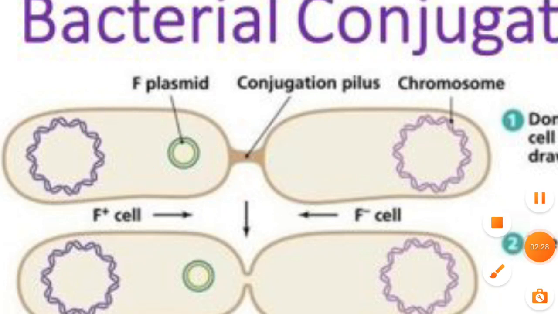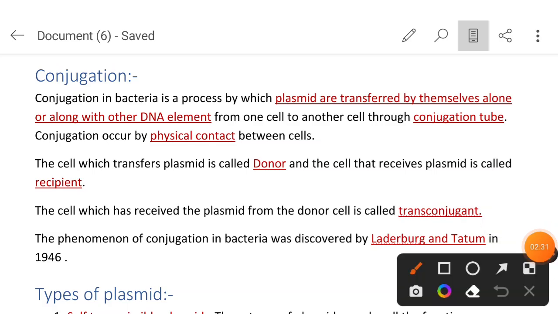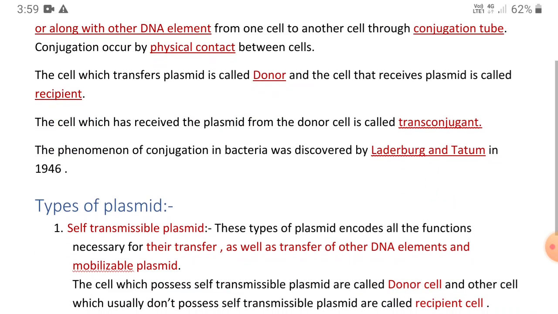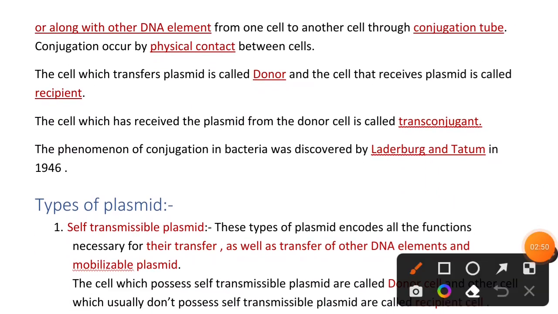Okay friends, the cell which transfers the plasmid is called the donor, and the cell that receives the plasmid is called the recipient. The cell which has received the plasmid from the donor is called a transconjugant. That means the recipient cell is also known as the transconjugant. The phenomenon of conjugation in bacteria was discovered by Lederberg and Tatum in 1946.